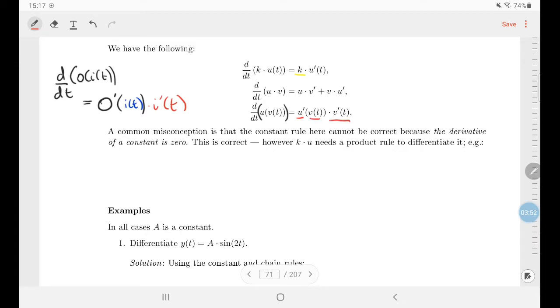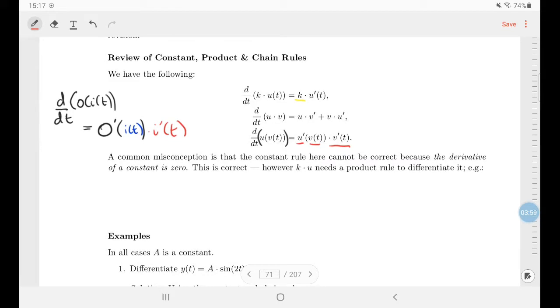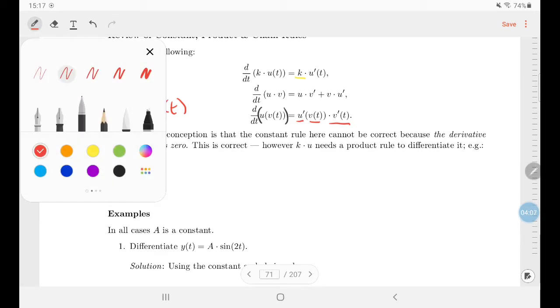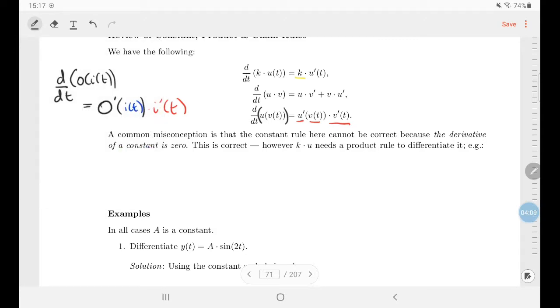Now, a common misconception that students have is that the constant rule, the first one, cannot be correct because the derivative of a constant is 0. It is true that the derivative of a constant is 0, but if you're differentiating a constant times a function, there's no contradiction.